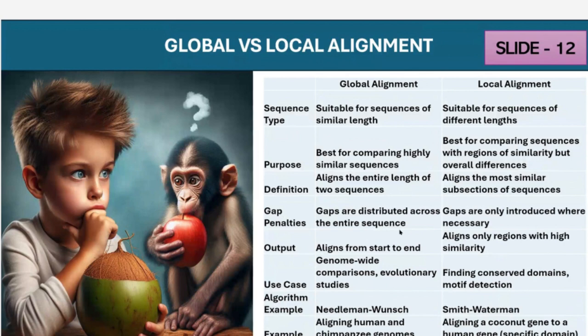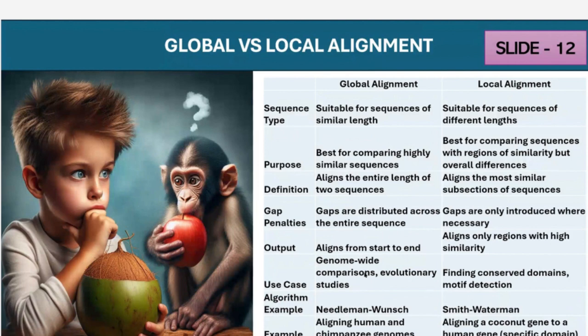And here are some other details given in this table. Gap penalties, I will explain. Gaps are distributed across the entire sequence in global alignment. But in local alignment, gaps are only introduced if necessary. Because global alignment aligns from the start to the end, the output will be like that. In local alignment, it aligns only regions with high similarity.